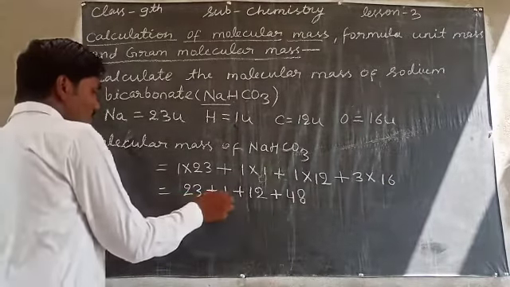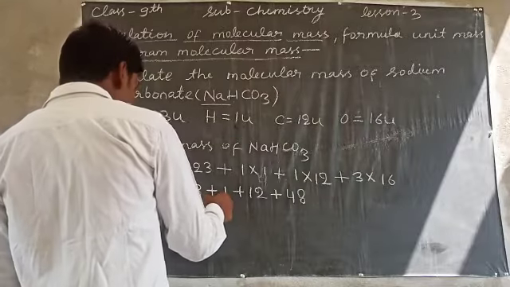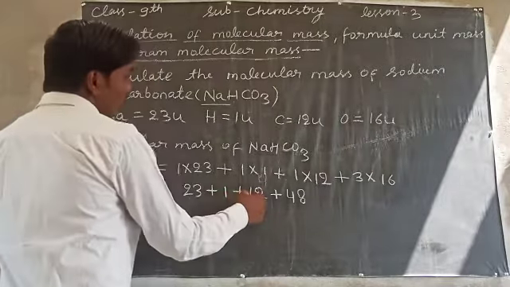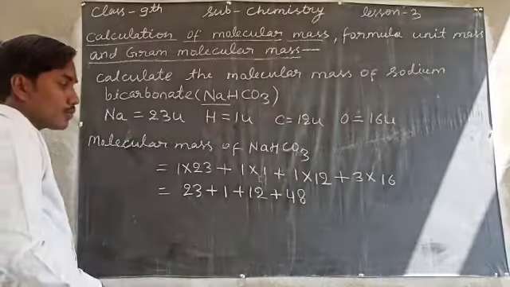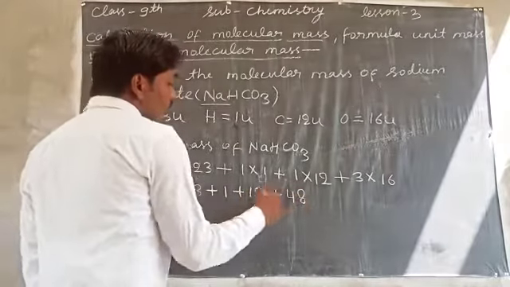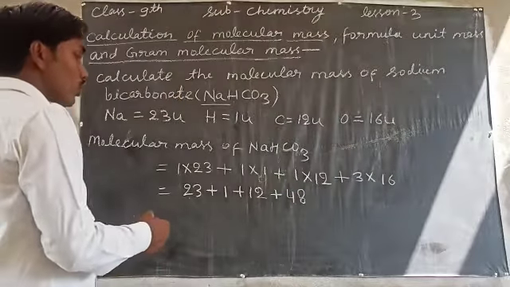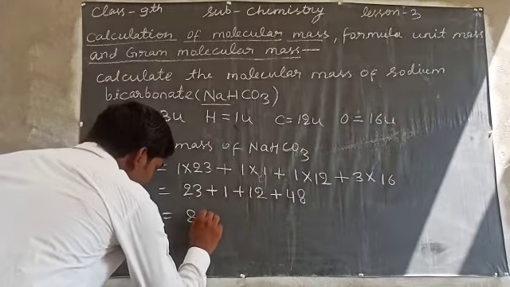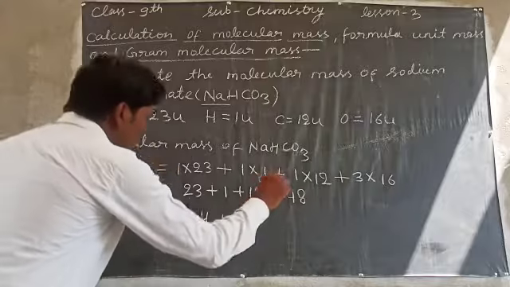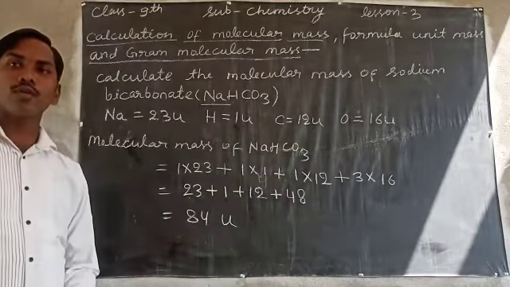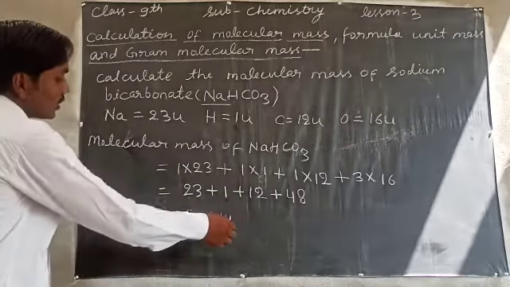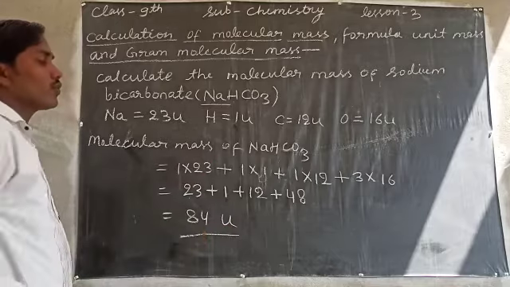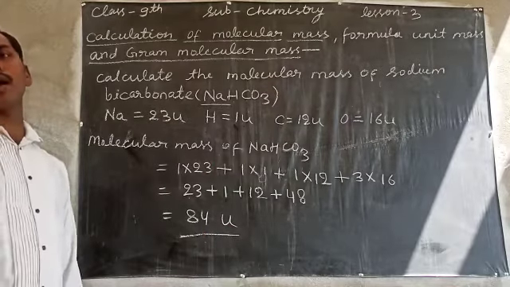So 23 and 1 is 24, and 12 makes 36, and this 48. So it will be 84 unit. So this is the molecular mass of sodium bicarbonate.